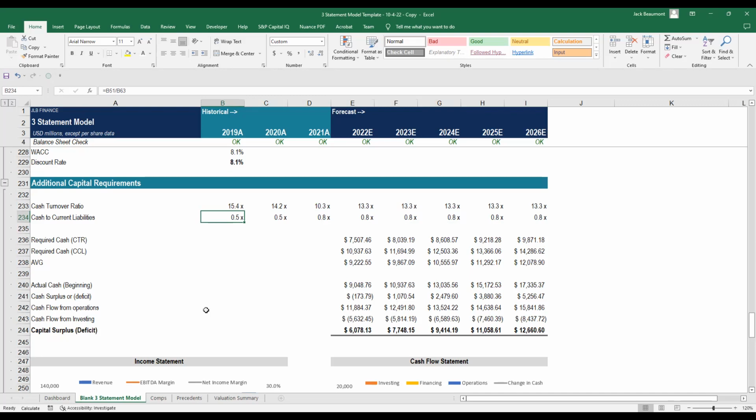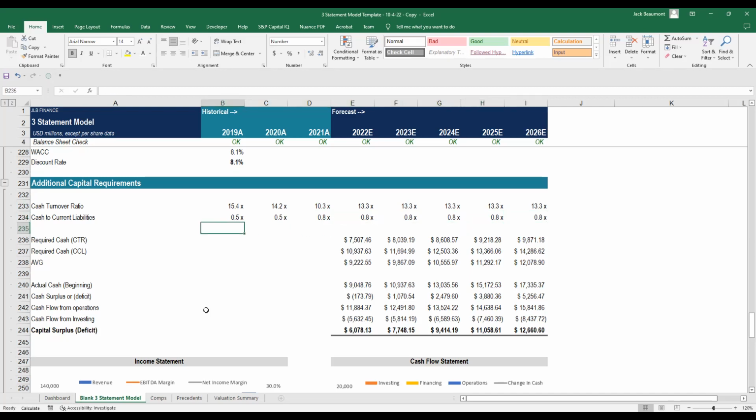So what I'm taking here is our cash divided by our current liabilities, and we're taking an average of that to determine what we need. That's what I've done here.